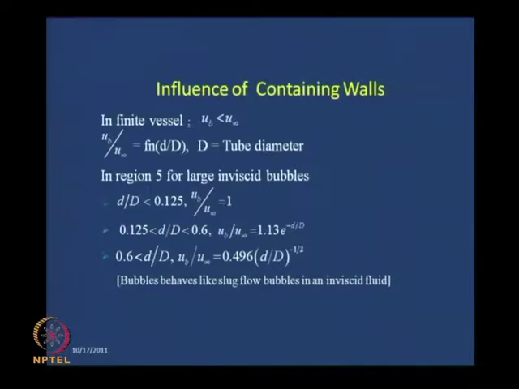But the moment the ratio dB by D keeps on increasing, the relationship between ub and u infinity also changes. These are all dBs, the equivalent bubble diameter. Depending upon the ratio dB by D, we will be using the appropriate expression of ub by u infinity, and then we can find out ub from the experiments, and accordingly we can find out u infinity in these particular cases.